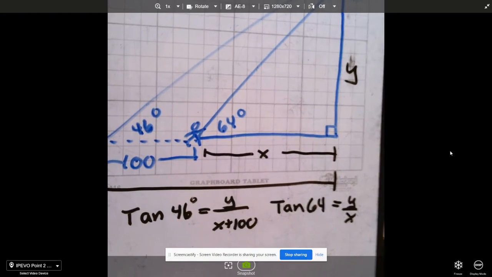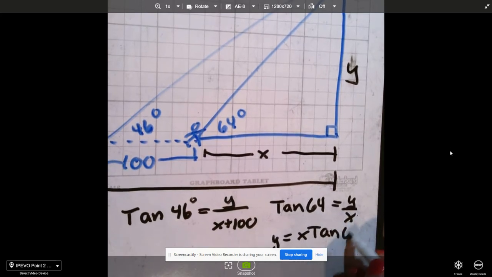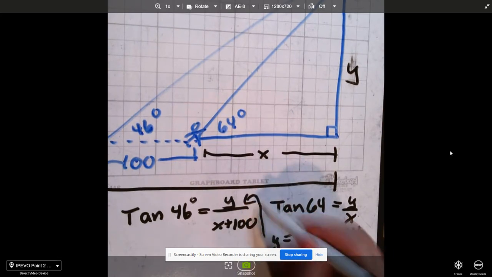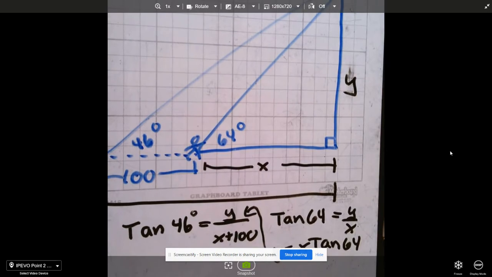I want to solve one of these for x or y. It doesn't really matter. You could do either. This one looks a little easier. So if I solve this one for y, I'll have y equals x times the tangent of 64. I'm now going to take that expression and plug it in here. So I'm going to need a little more room, so I'm going to erase my picture.